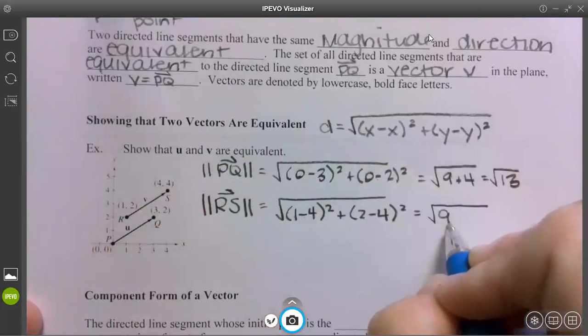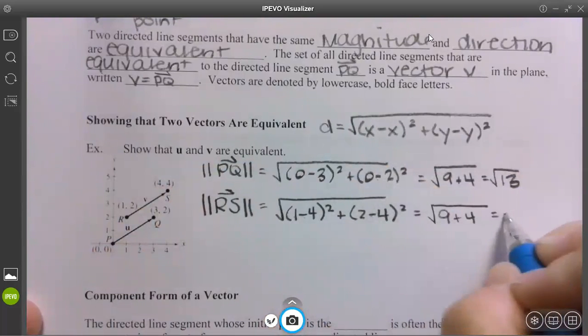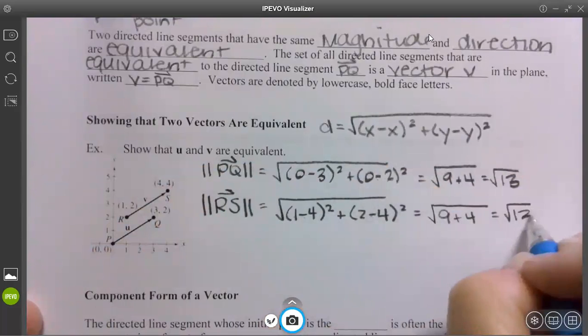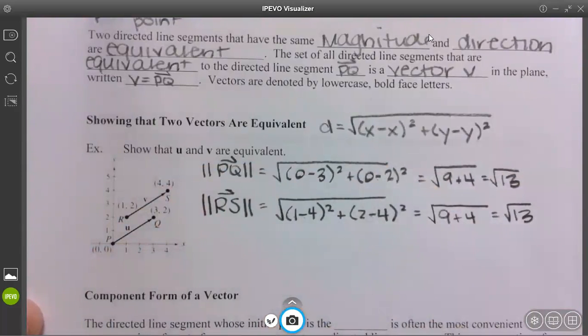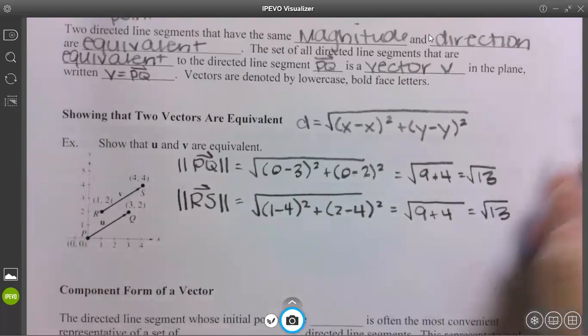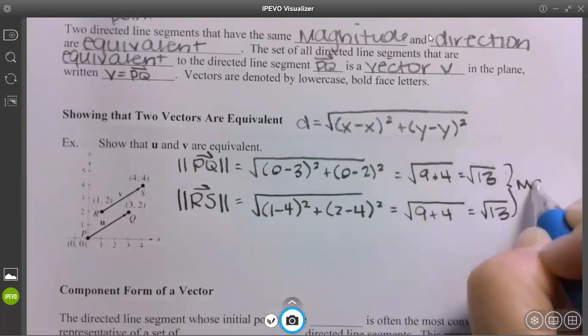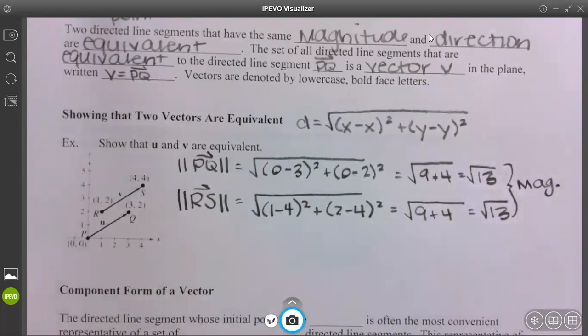So it'll be a 9. 2 minus 4 is negative 2 squared is 4. And you can see that these are exactly the same. So again, show that U and V are equivalent since they're both equal to square root 13. They're good. Okay. So that is just for their magnitude. So this part is their magnitude.